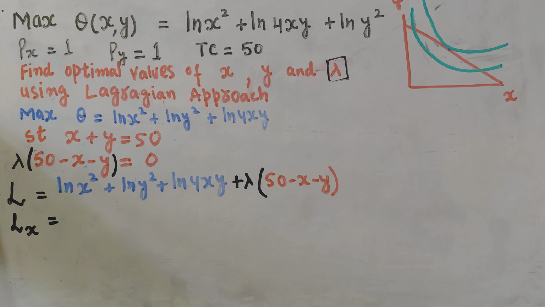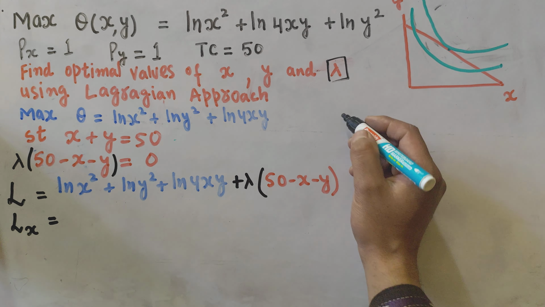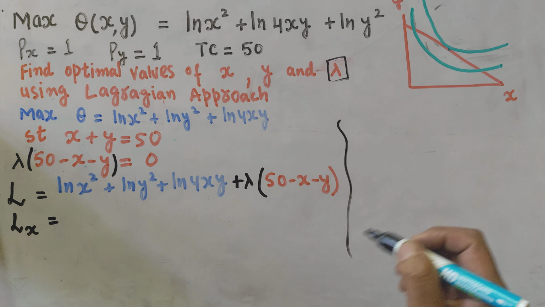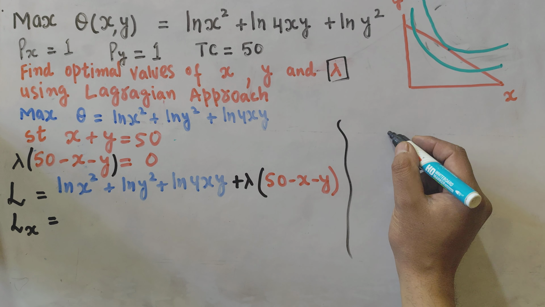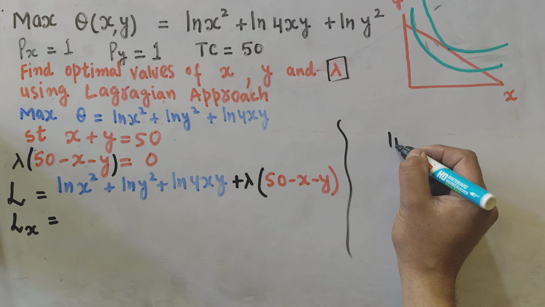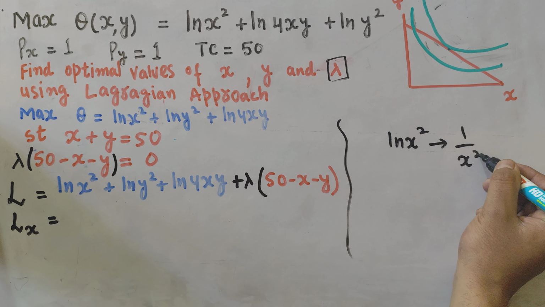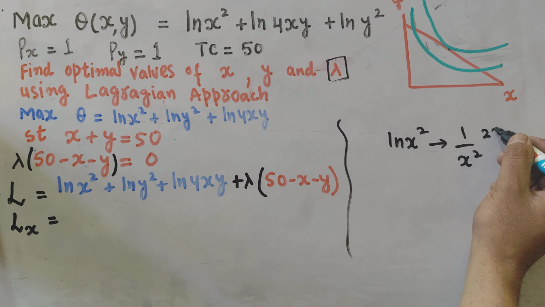What is the derivative of ln of x square with respect to x? The derivative of ln of x square will be 1 upon x square, then by chain rule, the derivative of x square is 2x. So x and x get cancelled, and we get 2 upon x.